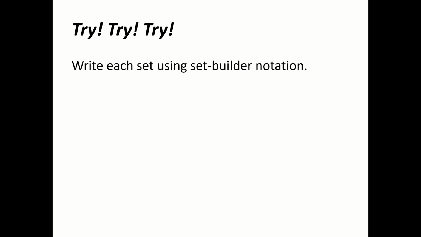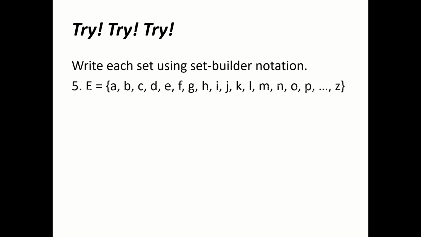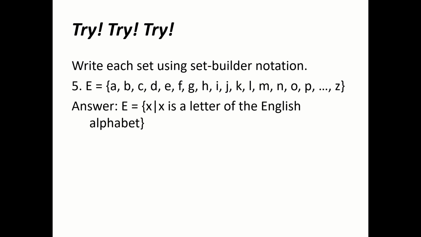This time, let's try to write each set using set builder notation. So we have here set E containing the elements A, B, C, D, E, F, and so on until Z. So, assuming that we will just describe one element and we don't know what element we are pertaining to, we represent one with the variable x.